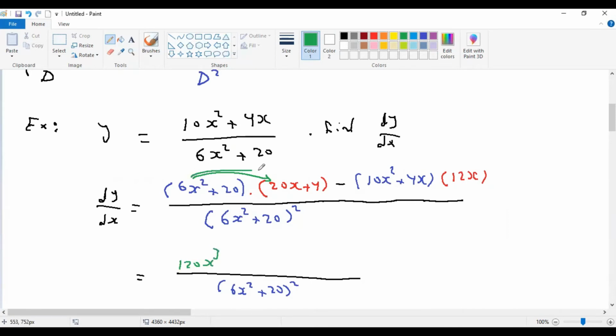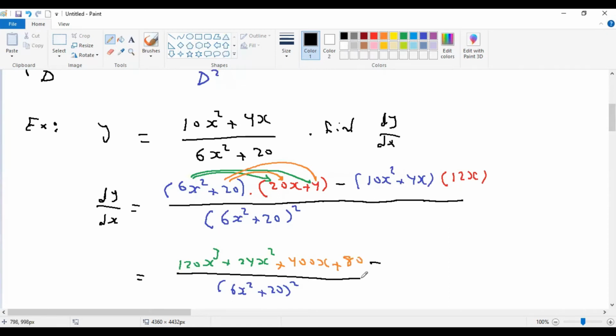And 6x squared times 4 is 24x squared. Now 20 multiplied by 20x is 400x, and 20 multiplied by 4 is 80, so plus 80.